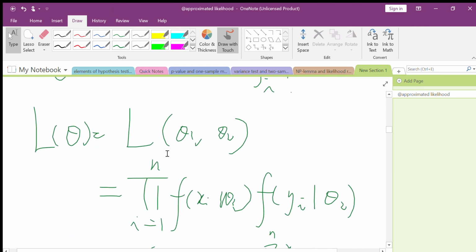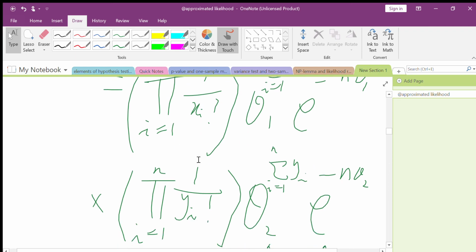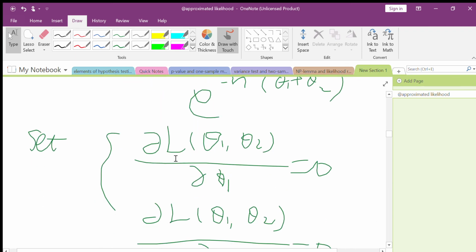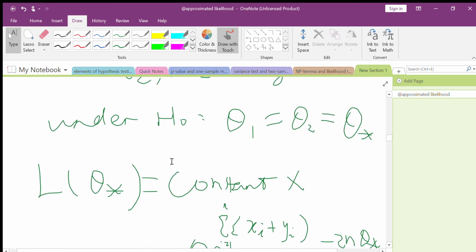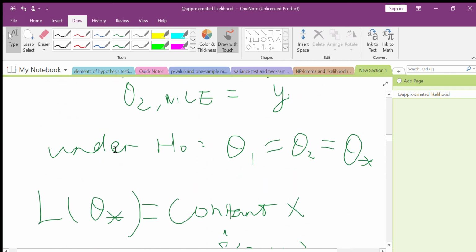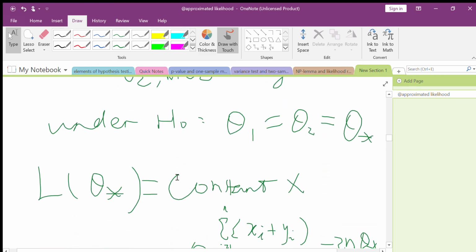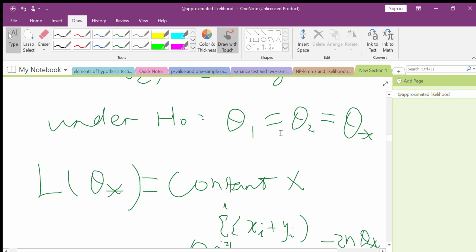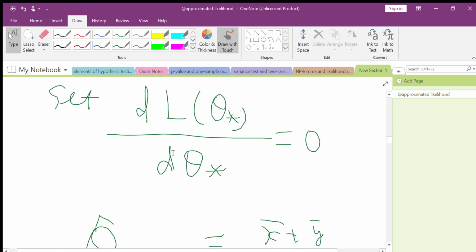So the likelihood function is written in this way, and you can plug in the PDF of the Poisson distribution, and you get this maximum likelihood estimate under H0, and this is the global maximum likelihood estimate. Under H0, when the two parameters are assumed equal, you rewrite the likelihood function and do maximization.